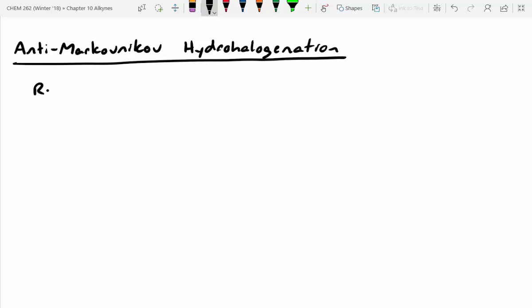And let's review briefly what we saw last chapter with alkenes. We said with HBr and peroxides that we can favor the halogen going off that less substituted carbon.